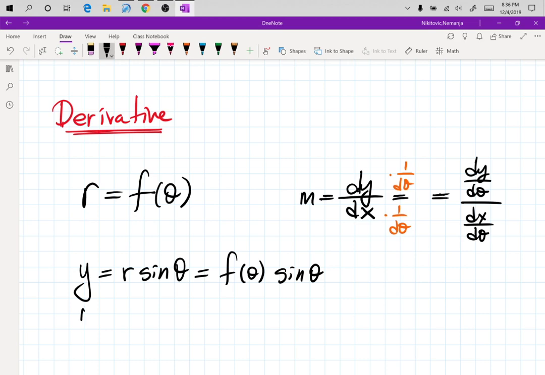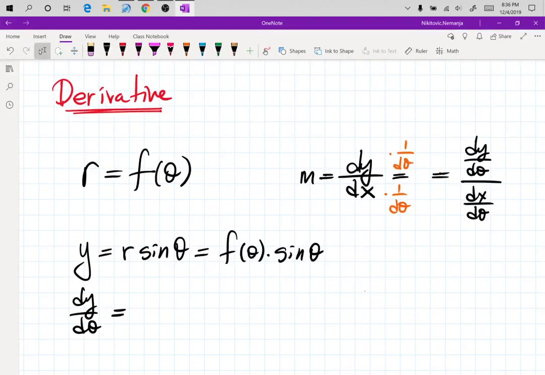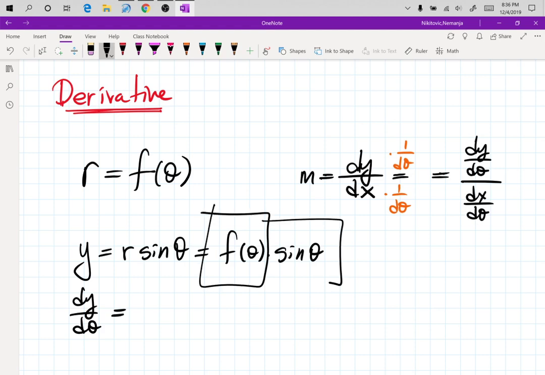So dy d theta is, hey, that's a product rule, right? You have one function in respect to theta and another function in respect to theta. We get to do product rule. Yay!